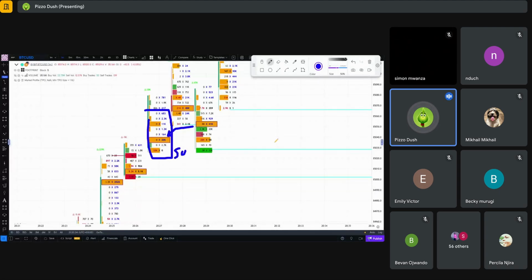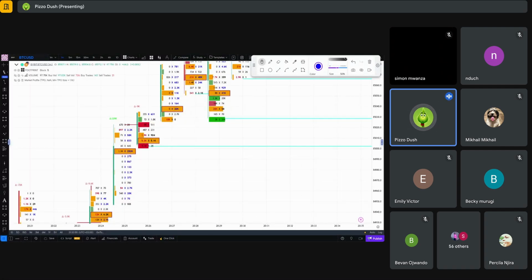But you will find another stacked imbalance, say with like 10k sellers, but for buyers you get like 500k. That will definitely push the market up even if this is not zero. You see, 10k minus 500k will be like 490k aggressive buyers. So if you get just an imbalance with a lot of contracts, it's better than a stacked imbalance, but just make sure it has a lot of contracts.